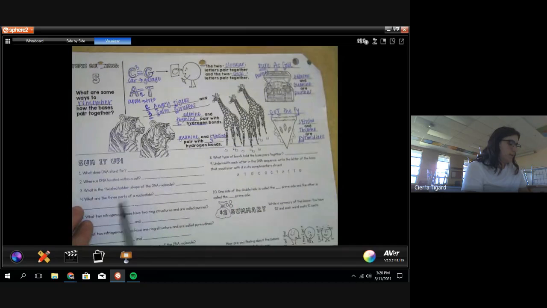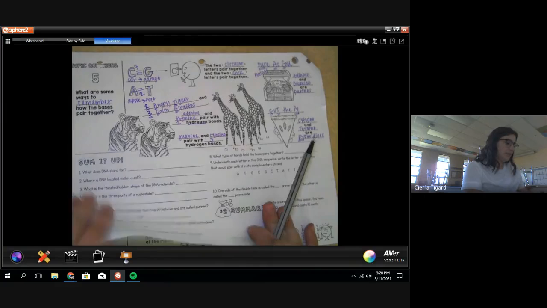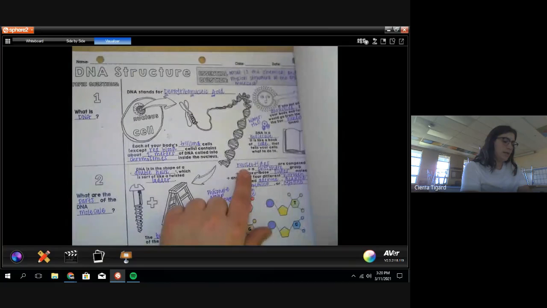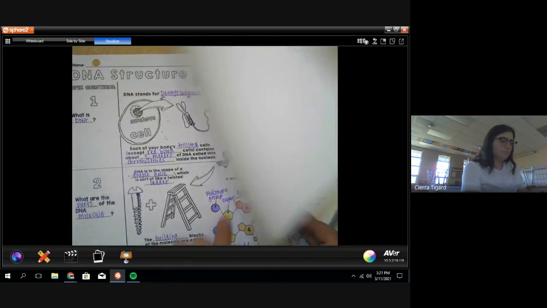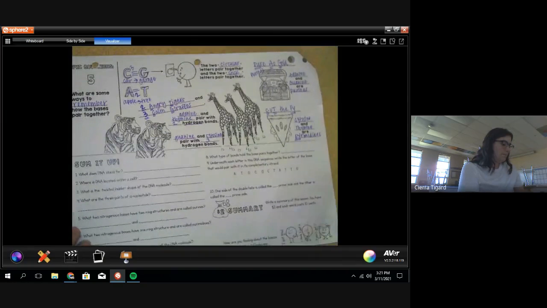Then you are going to look at what are the 3 parts of the nucleotide. And that is given right here. 3 parts of the nucleotide. It's also given here as well. What two nitrogen bases have 2 ring structures?